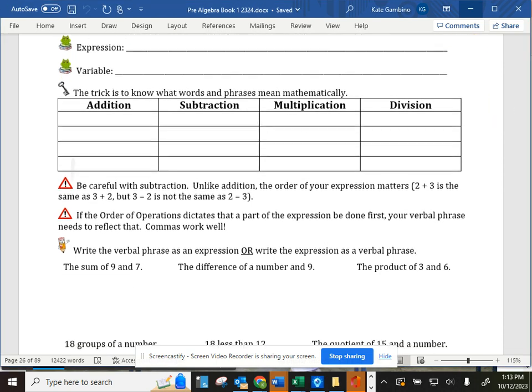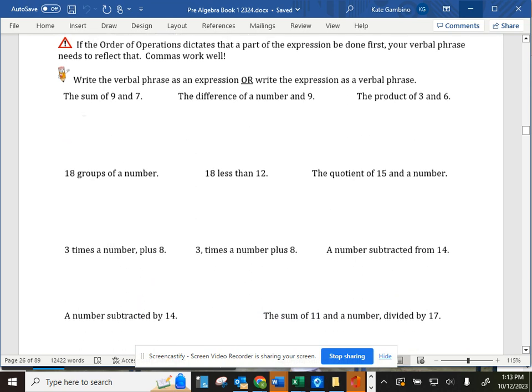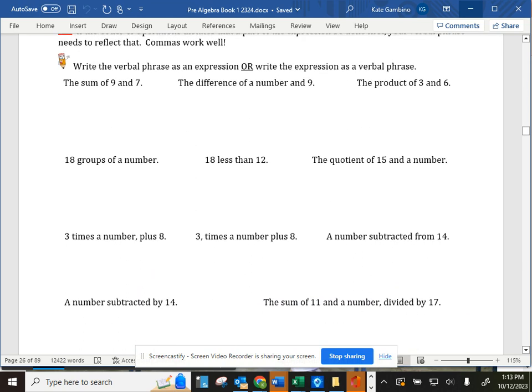Alright. So it says, write the verbal phrase, the words, as an expression. So we're going to use our numbers and our symbols. Or write the expression as a verbal phrase. So they're going to give us an expression and we're going to put it into words. Important thing to note, an expression is different than an equation. Anybody know the difference between an expression and an equation?